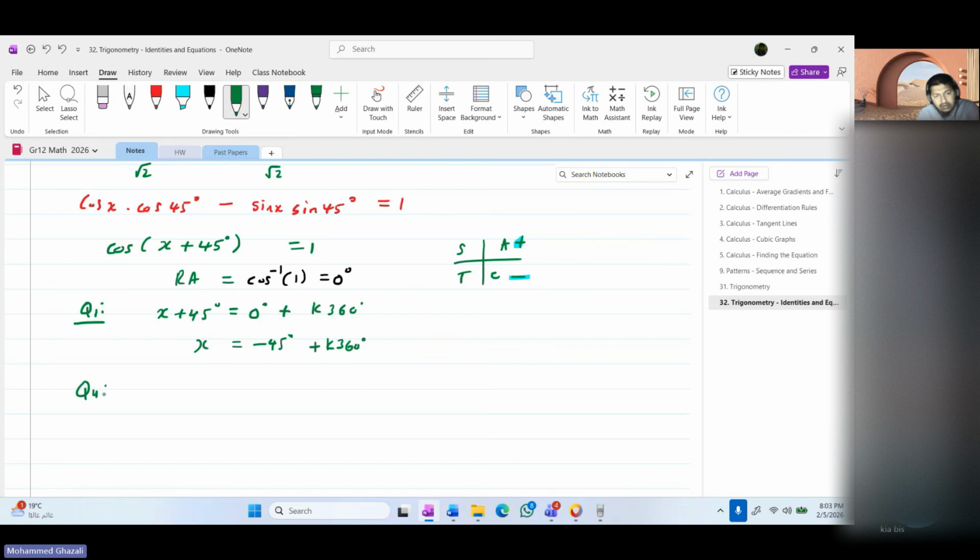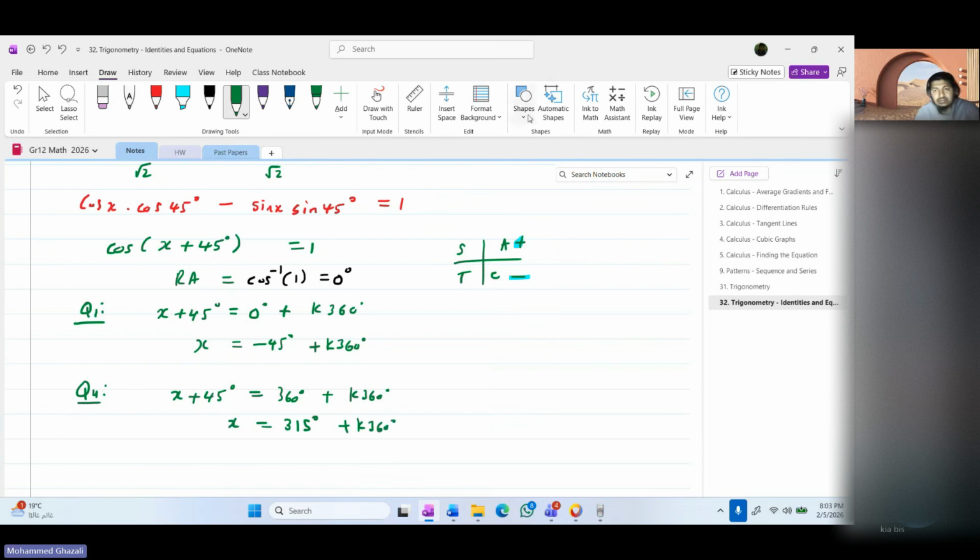Now, what is the quadrant 4 solution? The reference angle is x plus 45. x plus 45 is equal to 360 minus 0, so just 360 plus k 360. Now you take 360 minus 45, you'll get 315 plus k 360.